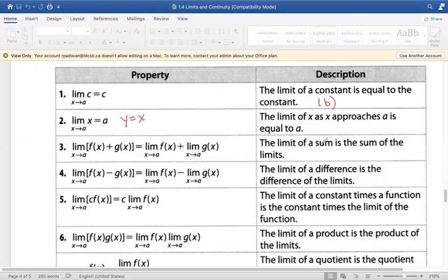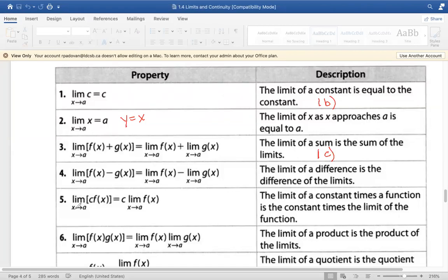So the limit of a sum is the sum of the limits. Same thing, and that would be like example 1c. But there's really no need to do this. This is just faster. I can do it this way, which would be the same for subtracting. Subtracting the two terms and then getting the limit of them would be the same as separately finding the limit, and then subtracting the answers.